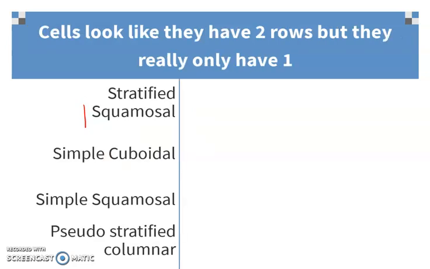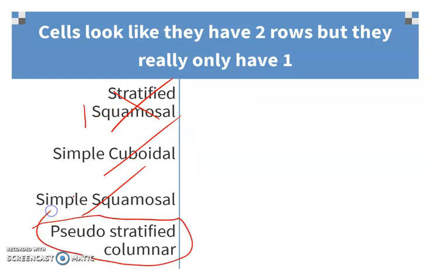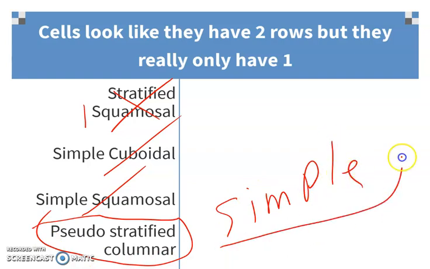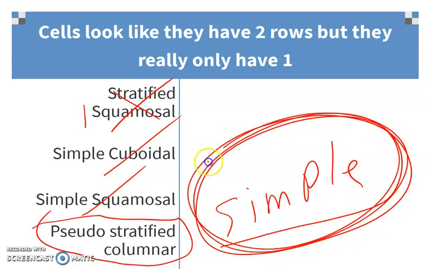So, next question. Cells look like it has 2 rows, but really only has 1. No, that's definitely multiple rows. Nope. Nope. Pseudostratified columnar epithelial. And this is a simple epithelial tissue. I will ask you that.